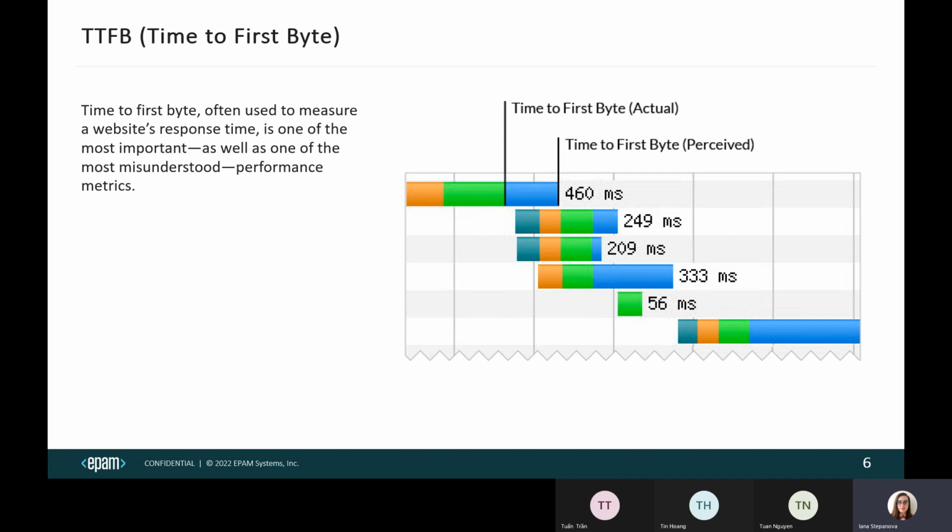There is also a time lag between receiving the first byte of data and actually parsing it, beginning to do something with it. When you have just received the data, it does not mean that anything is happening yet in the end user's browser. Only when we have begun parsing it will something happen. So we usually use the perceived time to first byte, the longer time.